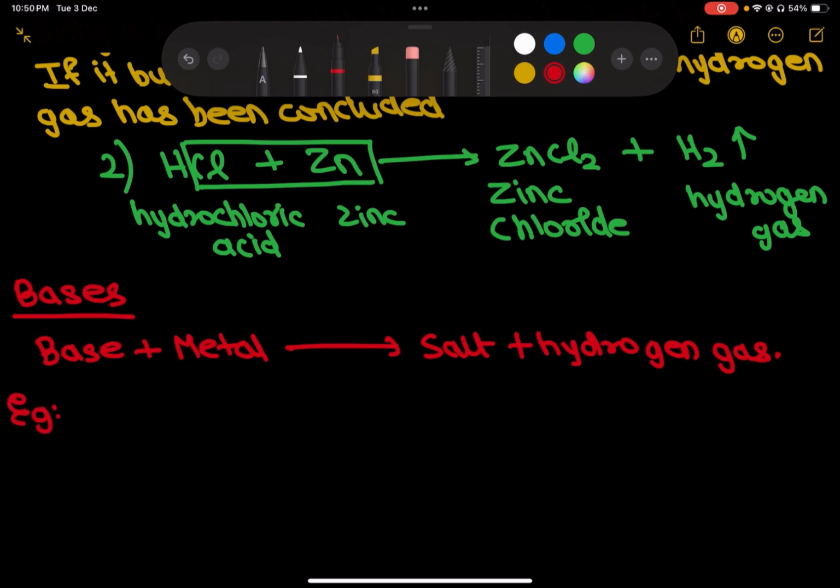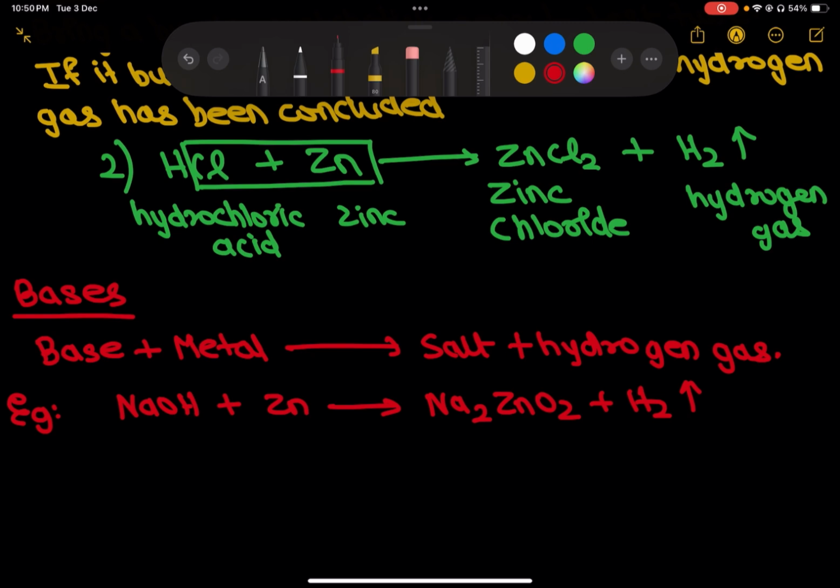So, example, base NaOH, sodium hydroxide, plus metal Zn. Okay, so what does this form? Na2ZnO2 plus H2 gas.